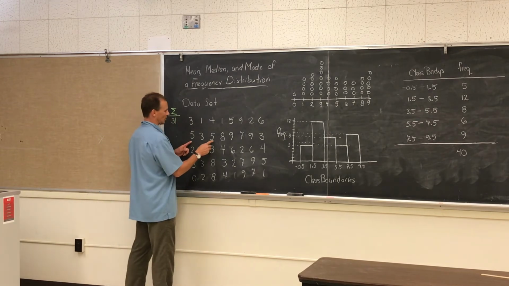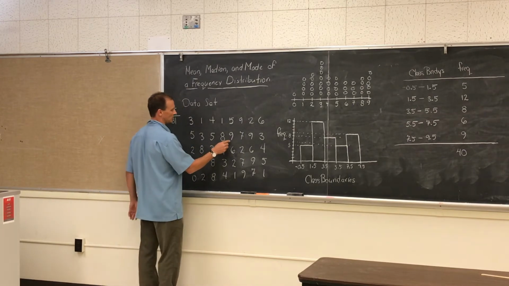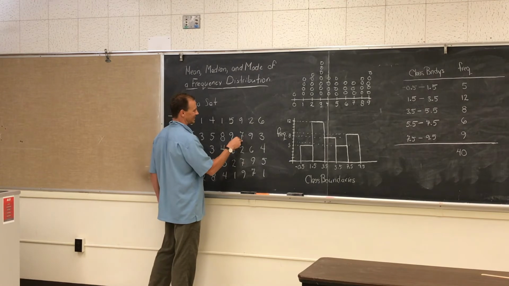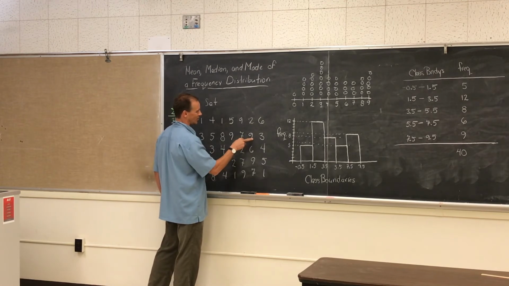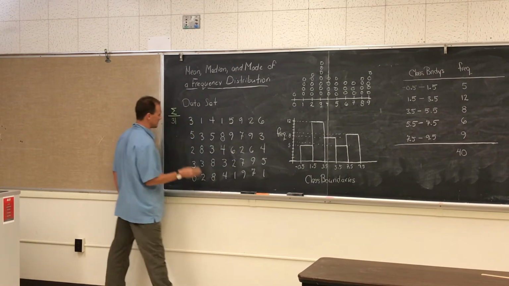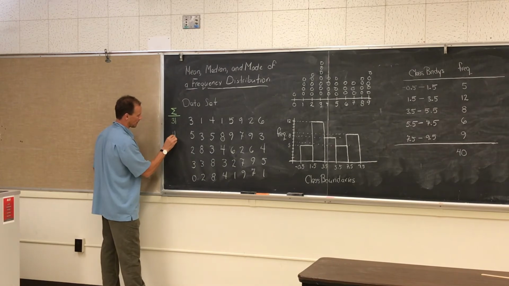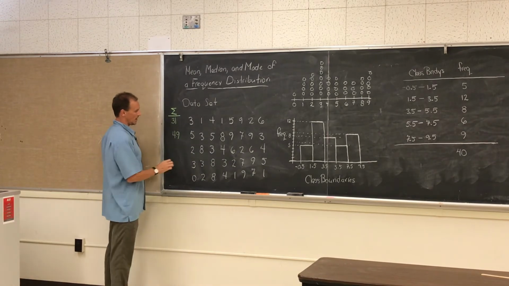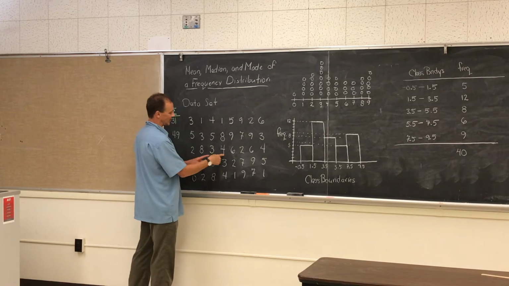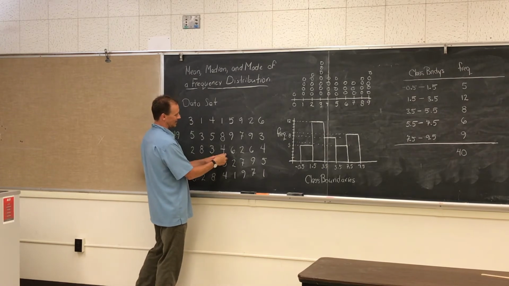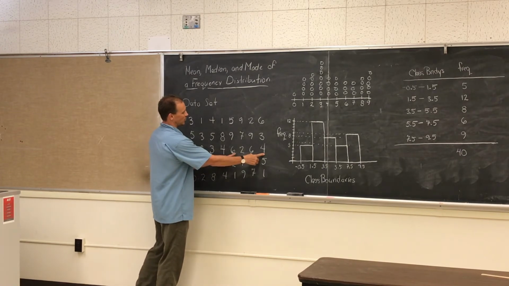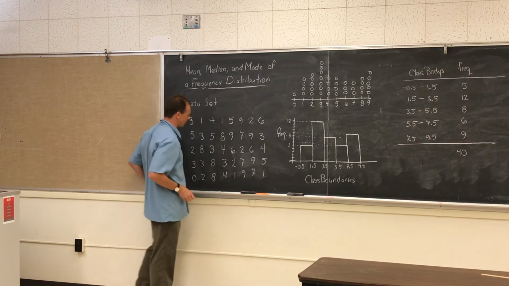All right, there's a 13, 21, 30, 37, 49. Here's a 10, 17. 17 plus a 10 is a 27, 35.